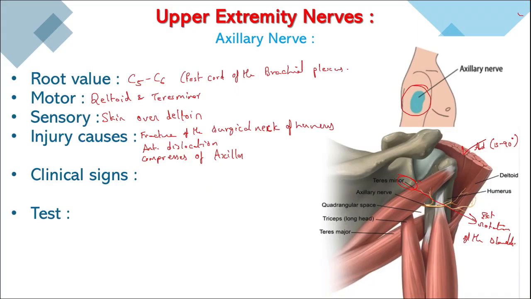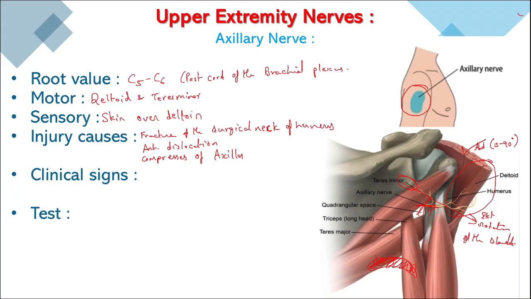If you look at this image, this is the humerus, and the axillary nerve comes from below the teres minor muscle. When the crutch compresses the underarm, it compresses this axillary nerve, so the deltoid area gets numb. If a patient has that type of numbness, we have to think about axillary nerve compression.